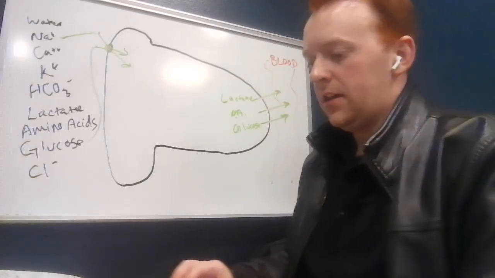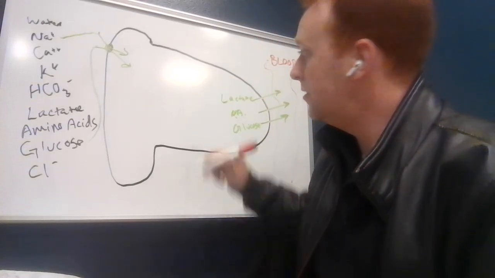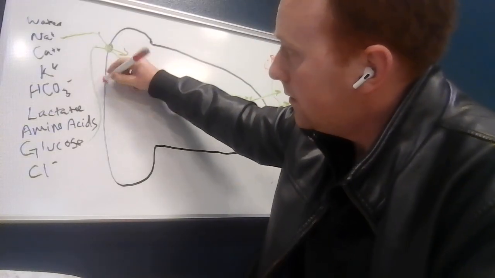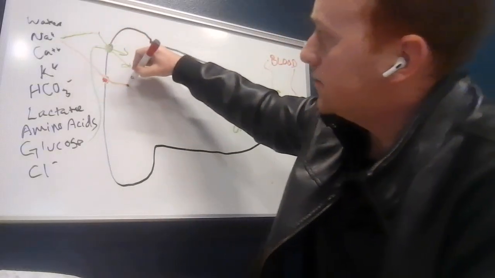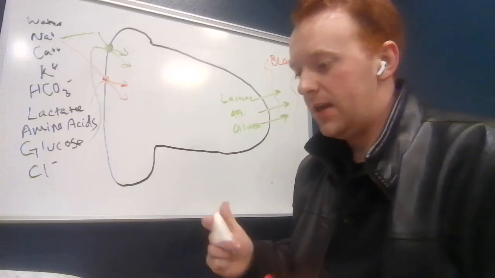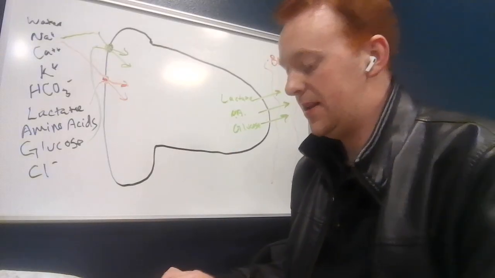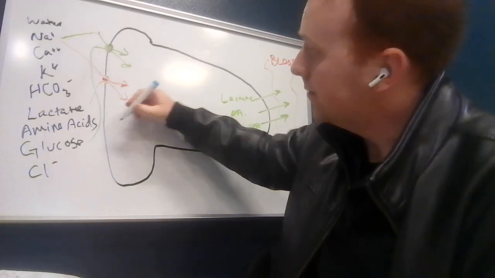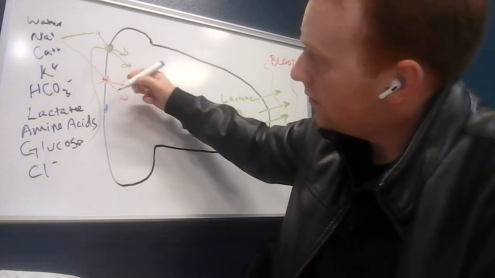Now the next channel puts sodium and lactate through. We'll draw that red. So sodium also goes through this channel. Lactate goes through this one as well. And then the final one, sodium and amino acids go through. Water follows.